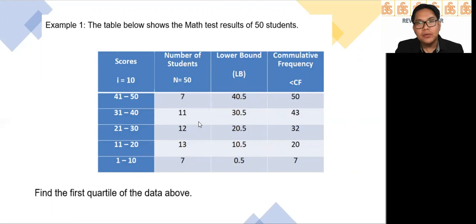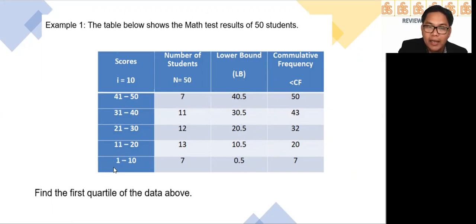Now, you notice that there's also what we call lower bound here. These are important information that you need to be able to solve the quartile of grouped data. But you may be asking, how did we get these values? Look at the first interval, 1 to 10.